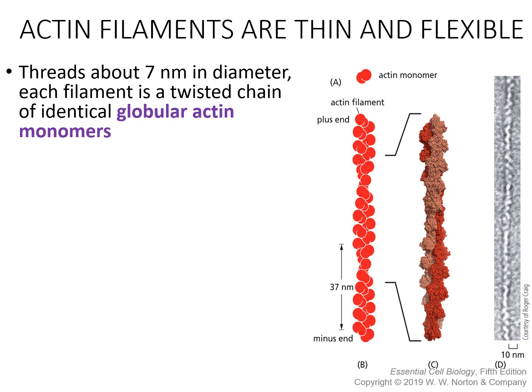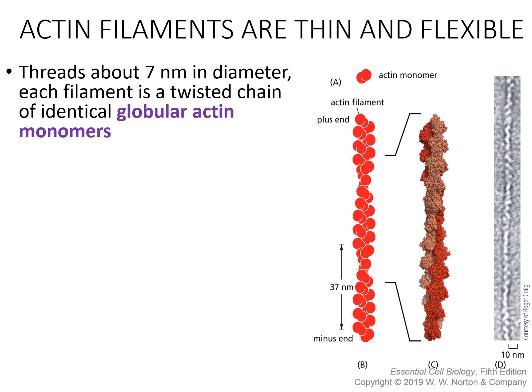So actin is made out of these subunits called actin monomers. These monomers can come together, bind, and make actin filaments. Monomers are also called globular actin or G-actin, and when they come together and make filaments, it is called filamentous actin, or F-actin.